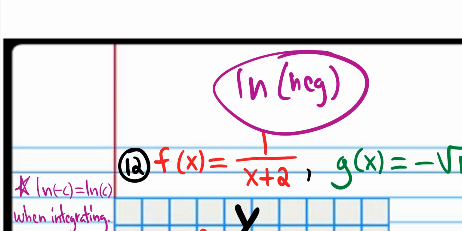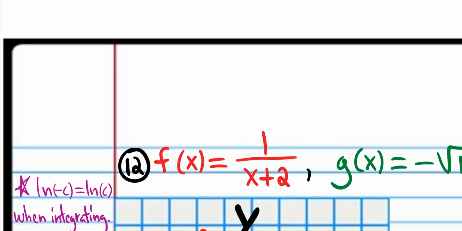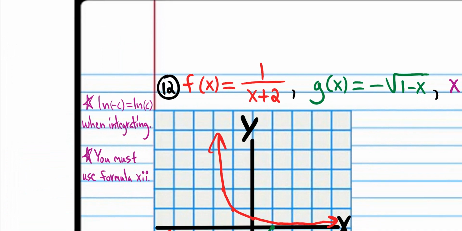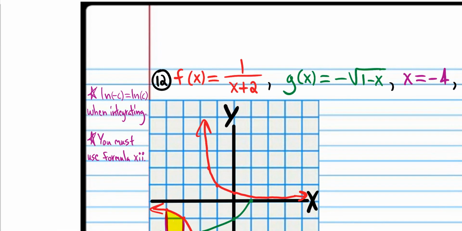But when you're integrating and you come up with the natural logarithm or any logarithm, you can just turn that negative into a positive, and it'll give you the area. I know that's kind of strange. You don't need to know exactly why that is, but it will give you the area if you just change to a positive number.